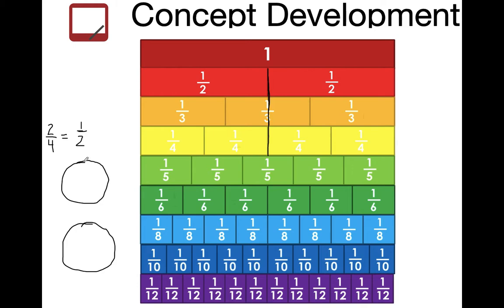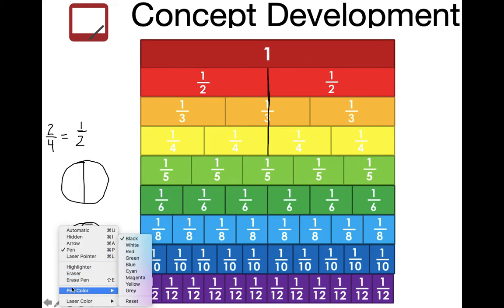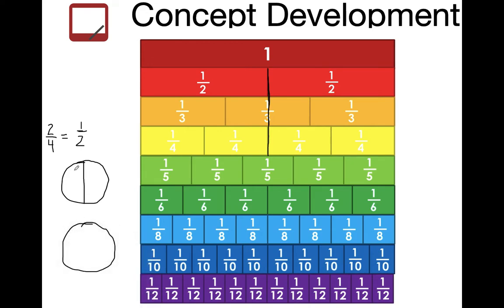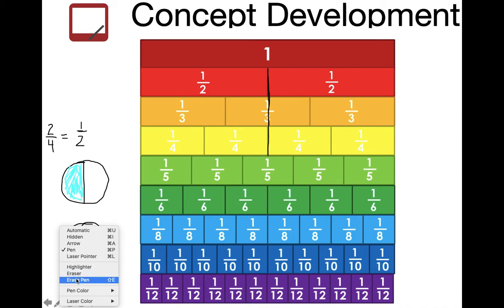Let's say we eat 1/2. I'm going to use a different color. We use 1/2 of the pizza one night. Let's just say there's only 2 people, and we eat 1/2.